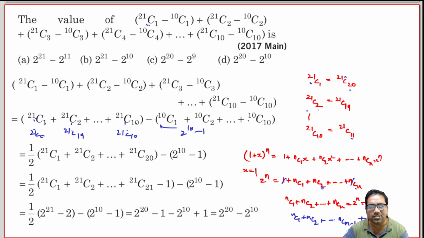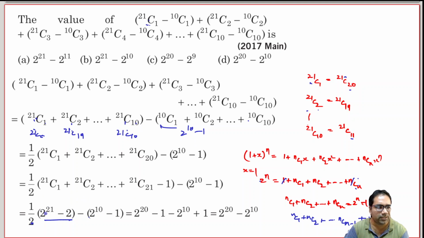So 21C1 to 21C20 should be equal to 2 power n minus 2, that is 2 power 21 minus 2, half of this thing. Half of 2 power 21 minus 2, minus this 2 power 10 minus 1.